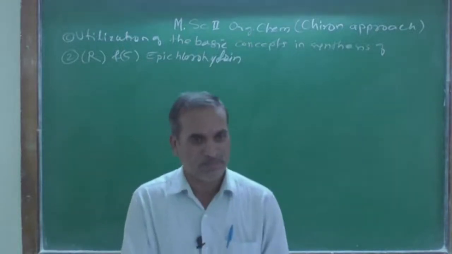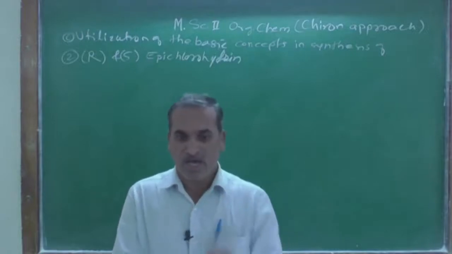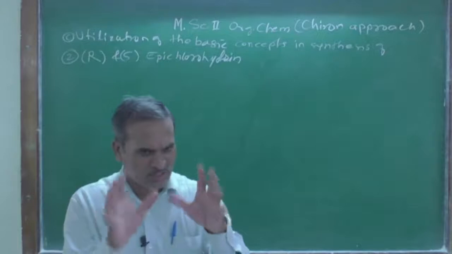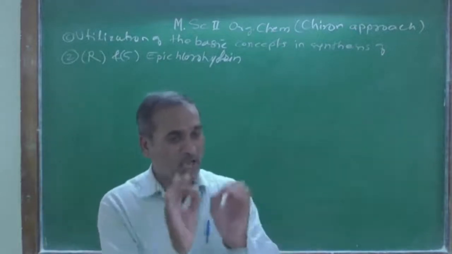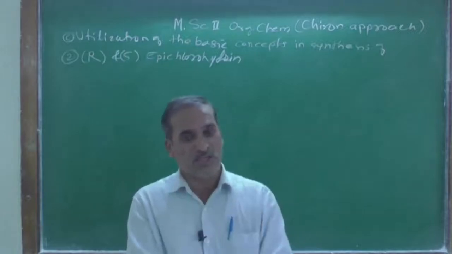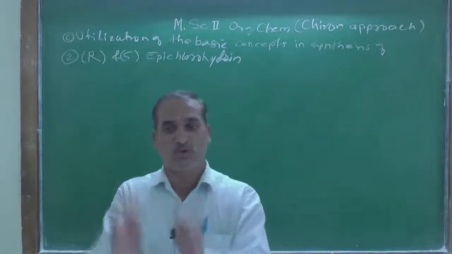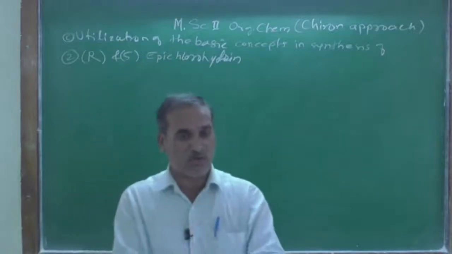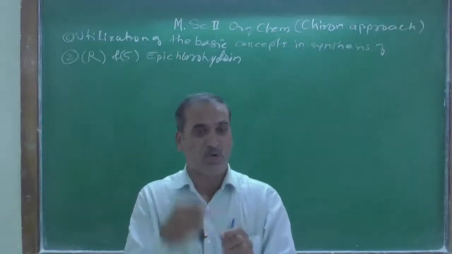Number 2, we have used acetone in presence of H plus. As far as this limited Chiron approach is concerned, these are the reagents we are going to use frequently in those syntheses, and therefore remember their role.